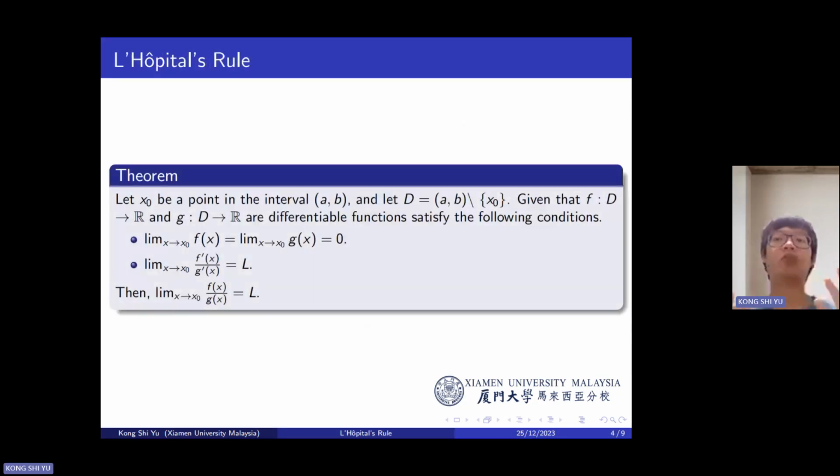Now, here is the main statement of L'Hopital's rule. Before we can apply L'Hopital's rule, we have to make sure our functions f(x) and g(x) satisfy the following conditions.